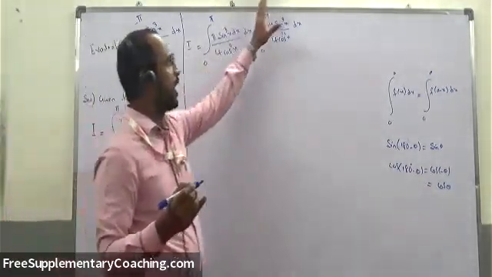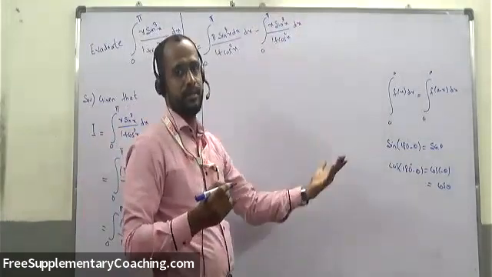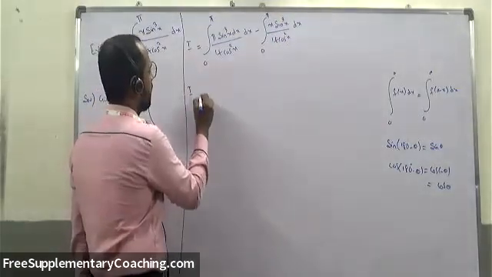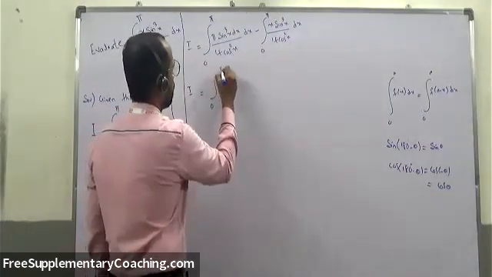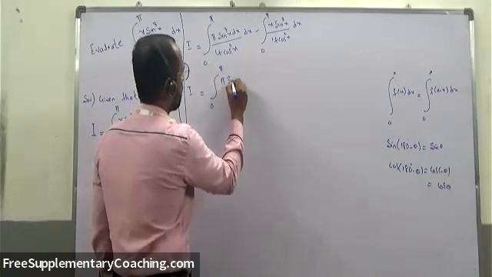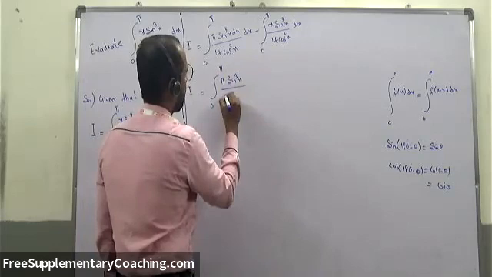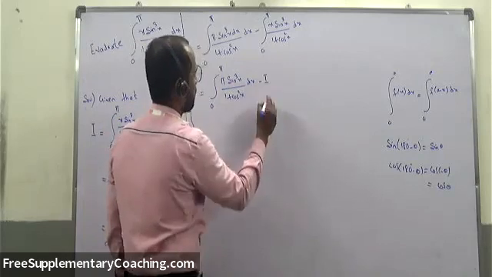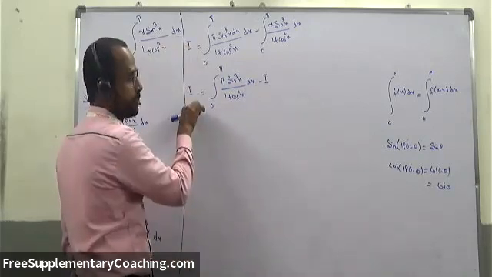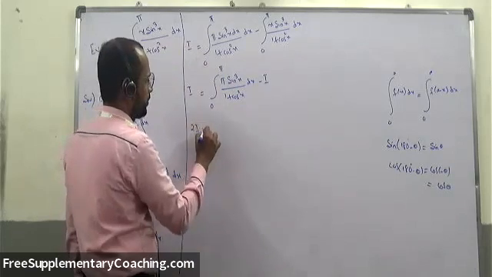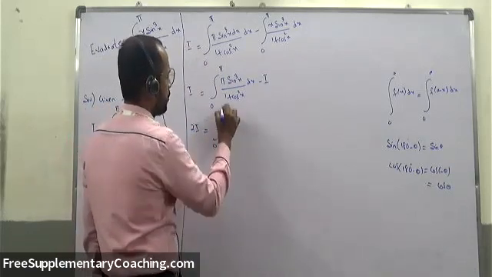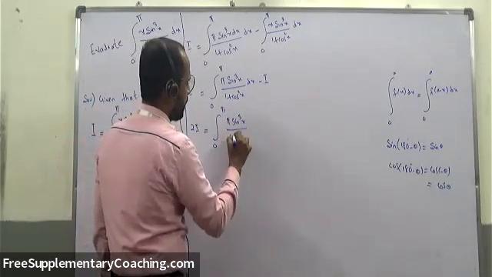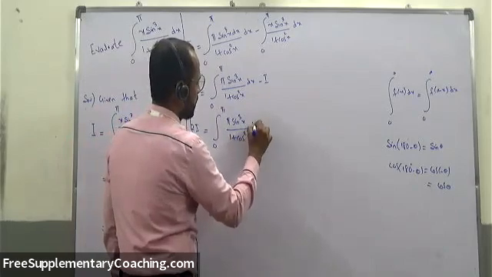So instead of writing this complete term, I can write I, and this becomes minus I. So I is equal to 0 to pi pi sine cube x divided by 1 plus cos square x into dx minus I. When this minus I comes here, it becomes plus I, so 2I is equal to pi times the integral 0 to pi sine cube x divided by 1 plus cos square x dx.